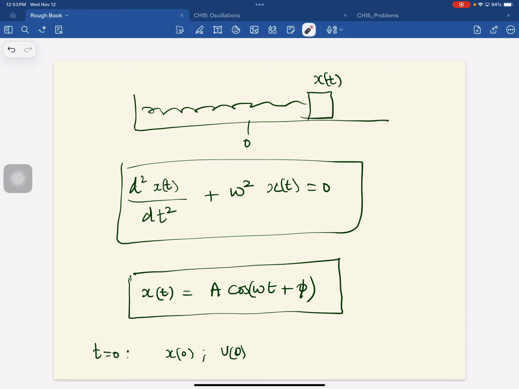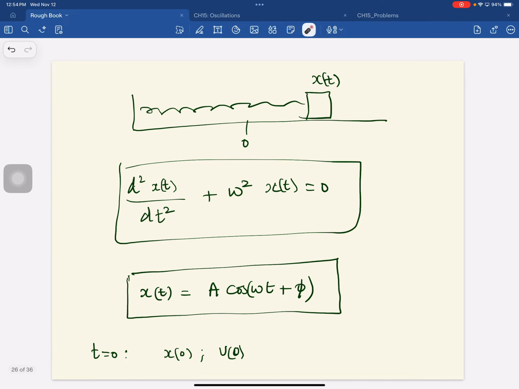This is also a linear differential equation. What a linear differential equation means is, see, this parameter is not squared. This is not squared. Okay? If this was squared, that becomes a totally very hard problem to solve. Okay? So this is a linear differential equation.